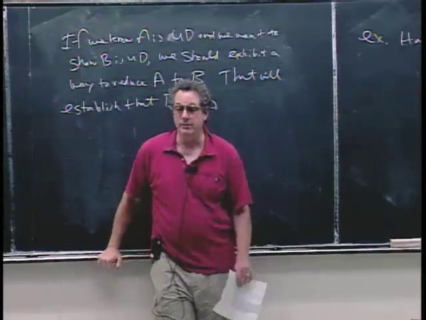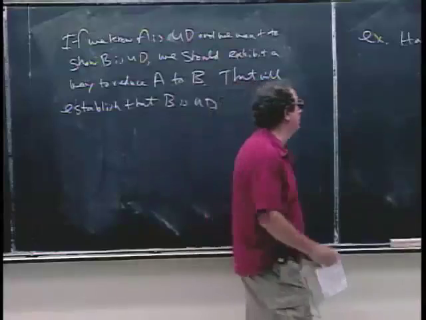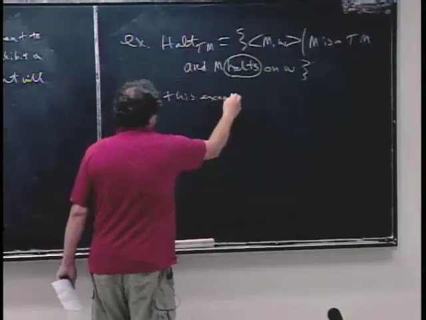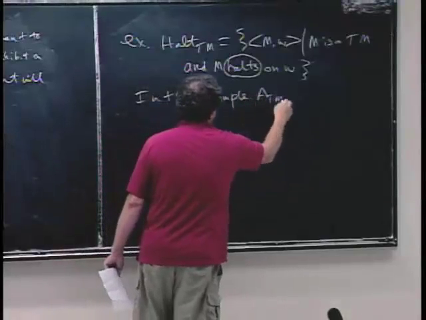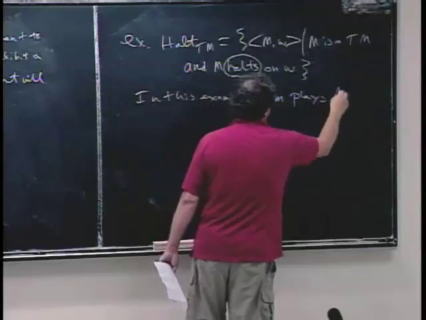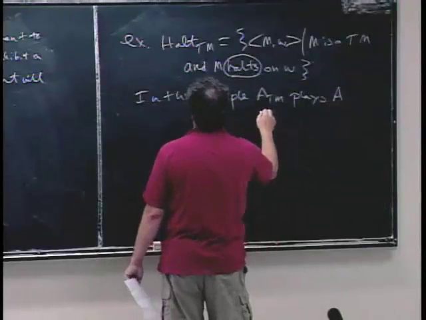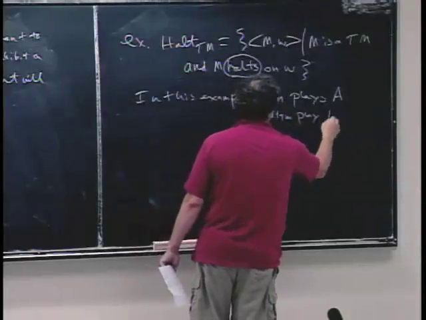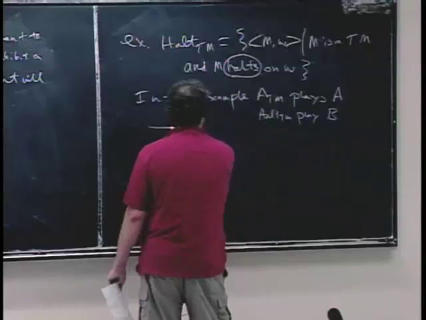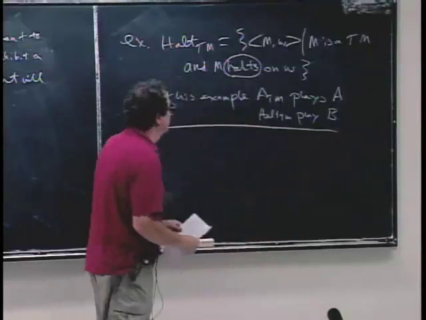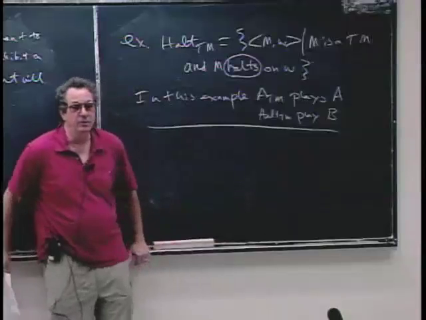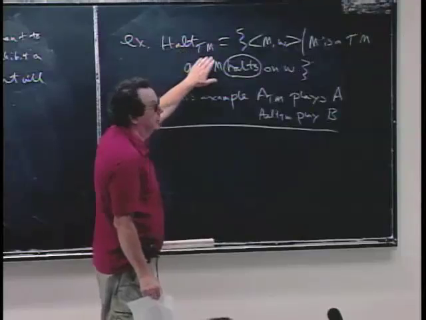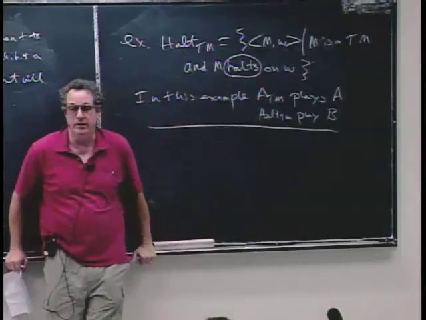Yeah, ATM plays the role of A, and therefore halt TM plays the role of B. Well, what that means is that we have to explain how we're going to use a decider for halt TM to decide ATM.